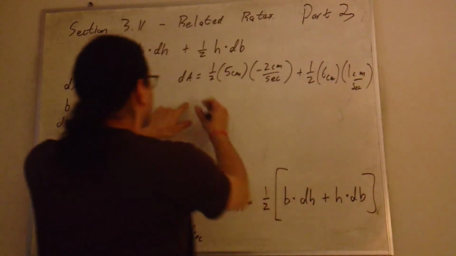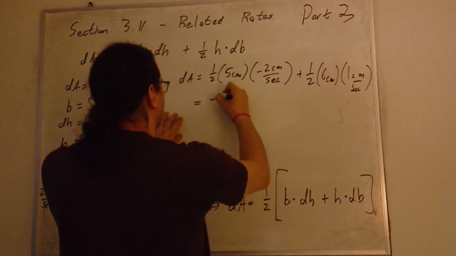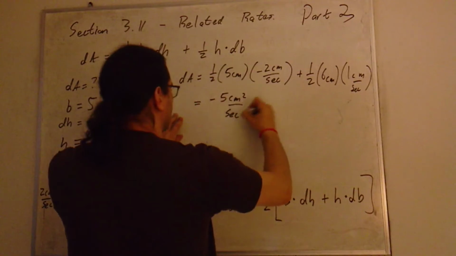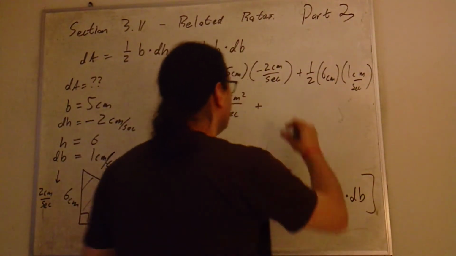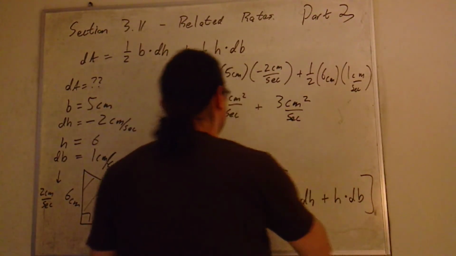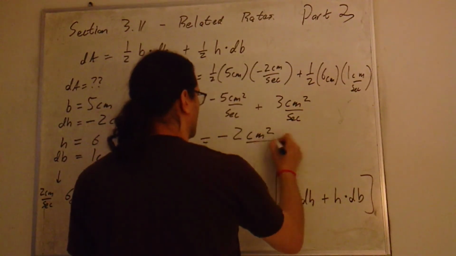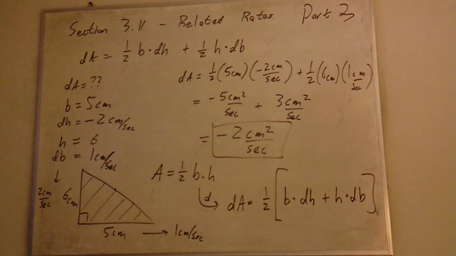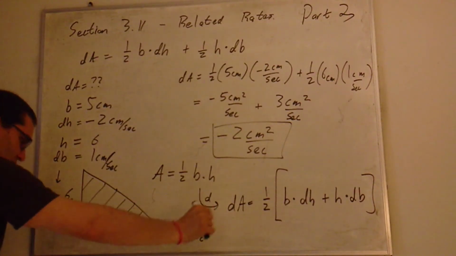So, this is 1/2 times 5 times negative 2, which is negative 5 centimeters squared per second, plus 1/2 times 6 times 1 is 3 centimeters squared per second, for a total change in area of negative 2 square centimeters per second. This is how fast the area is changing on this triangle at this moment with these rates.